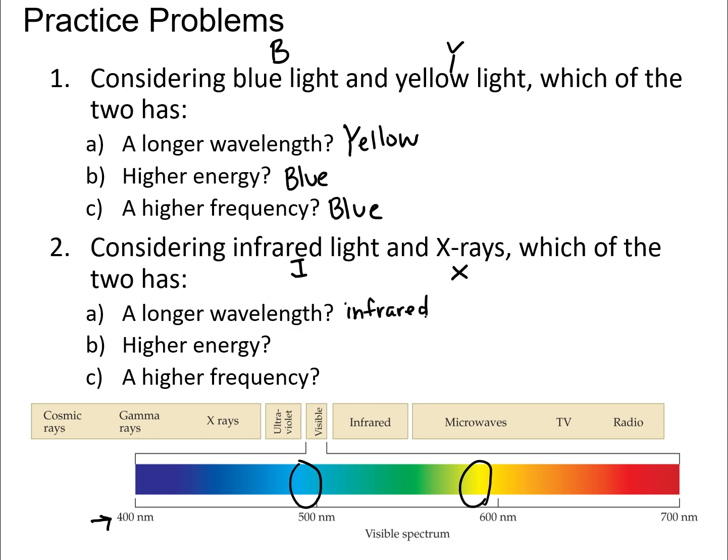That infrared light. Which one's higher energy? And just like last time, it's going to be the X-rays that also have a higher frequency.